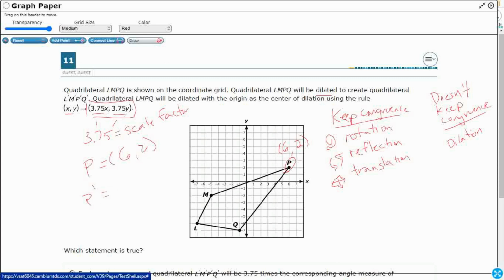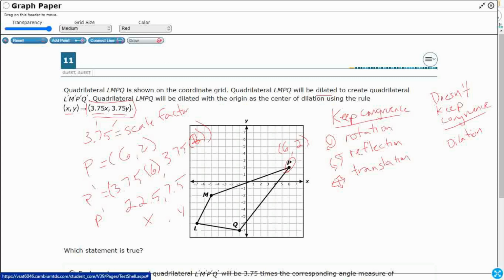So it's going to be 3.75 times 6 as my x-coordinate, and then 3.75 times 2 as my y-coordinate, which is going to be a lot bigger, okay? So we can't graph that on the graph that they've provided for us. But this would be my x, 22.5. This would be my y, 7.5. And that's just P, way off the scale.